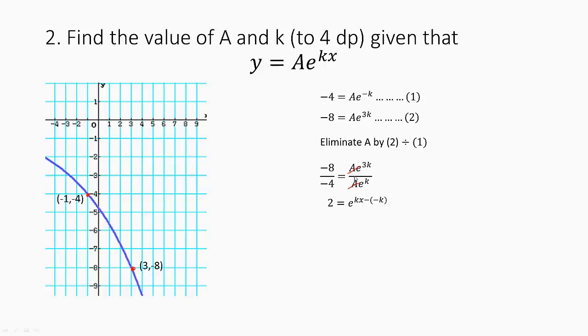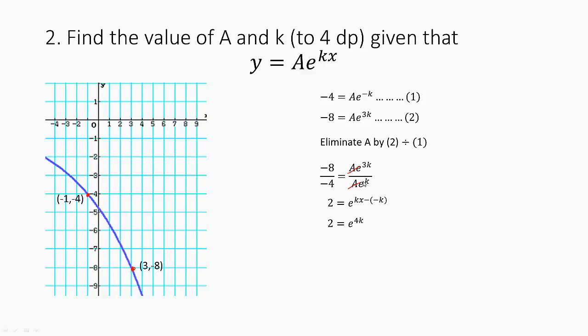So kx minus 3k gives e to the 4k. Just notice that I've left a negative sign off here.